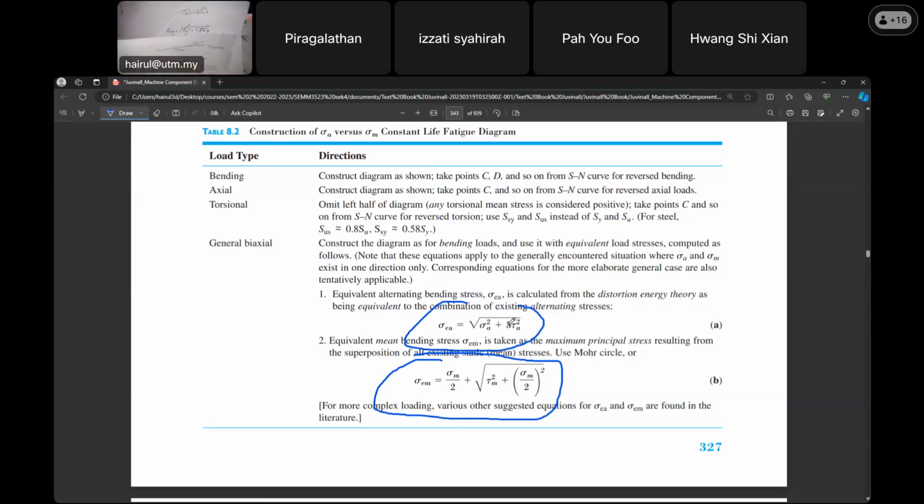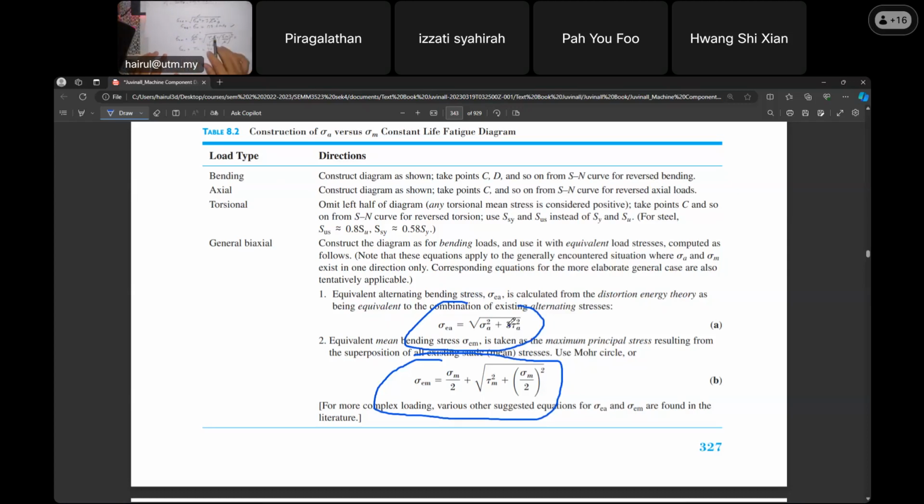That mean is 32.6 megapascal. Sigma mean is also 0, because our bending stress mean is 0. Is that clear, class? So you substitute into this value. Sigma EM equals tau mean, because the other terms are 0 and 0. So it equals 32.6.